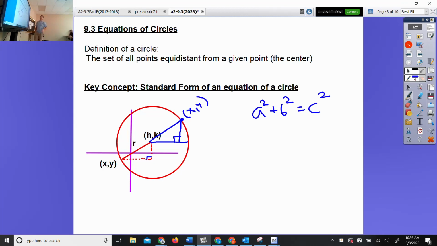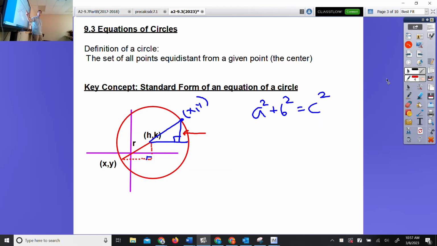Now I know for some kids this is kind of hard to understand, but that height right there would be the difference of what values of the ordered pairs?